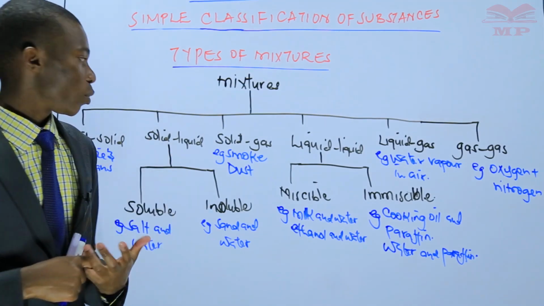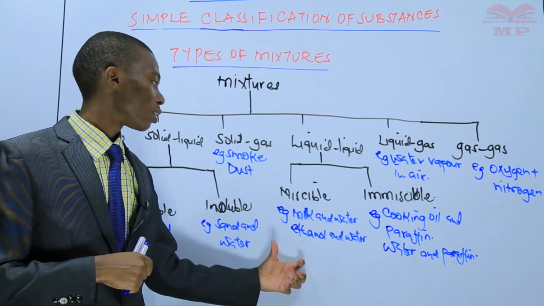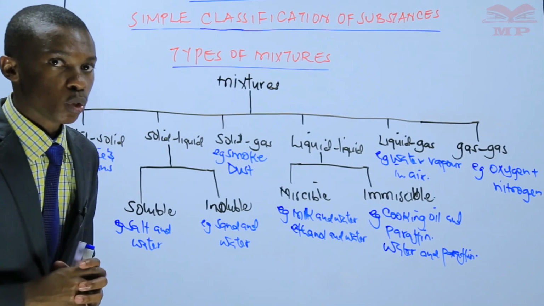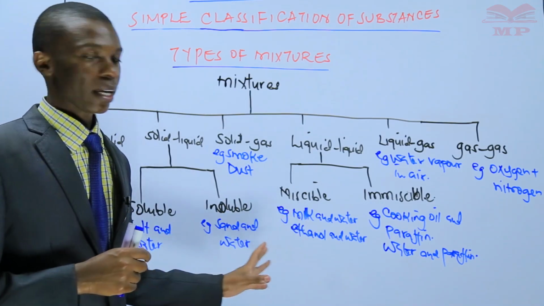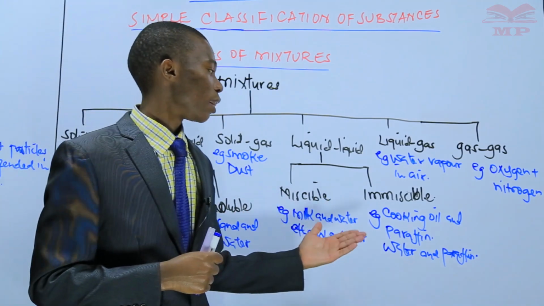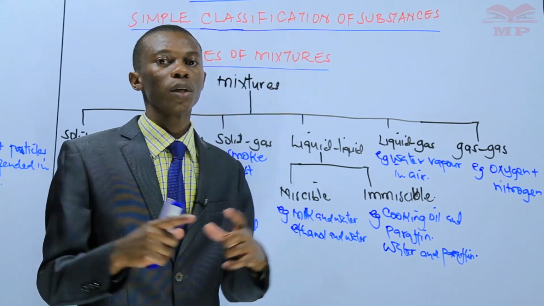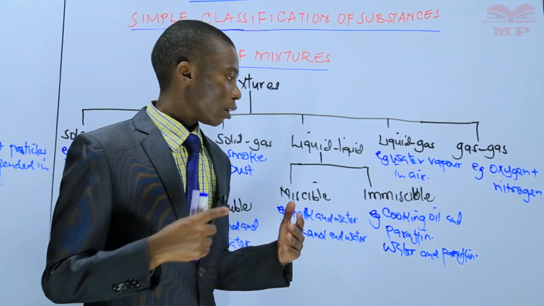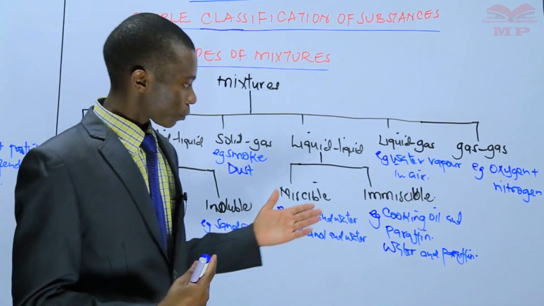The liquid mixture, we have miscible and immiscible. In the miscible, these mix together to form a uniform solution. An example, we have milk and water and ethanol mixed with water. Immiscible, these do not mix at all. There are 2 liquids which do not mix, and therefore if you put them together, you are going to have 2 layers, the bottom and the top layer.